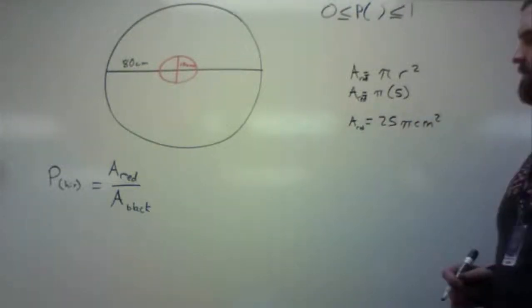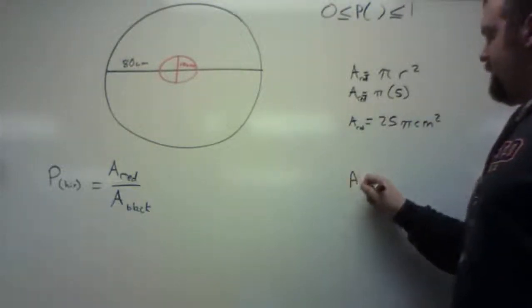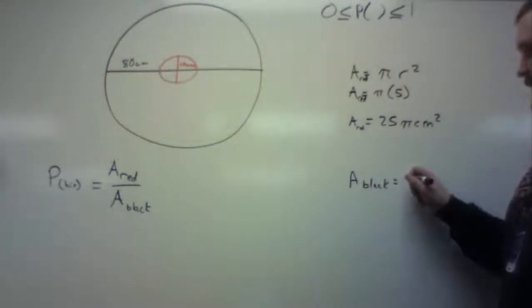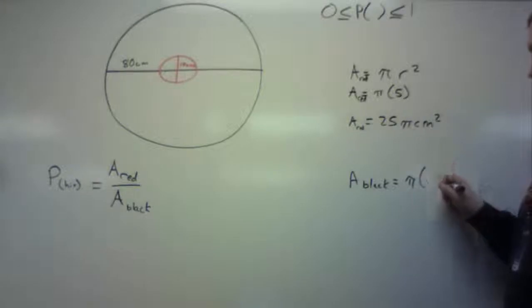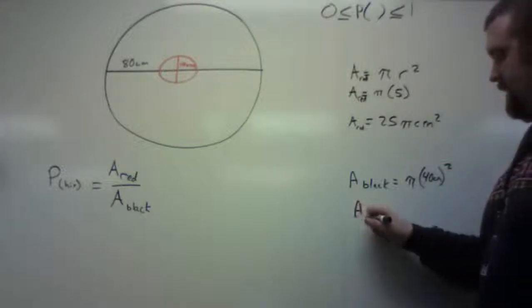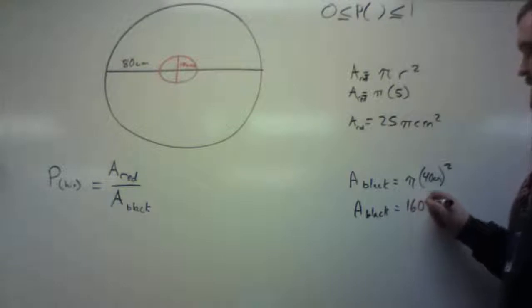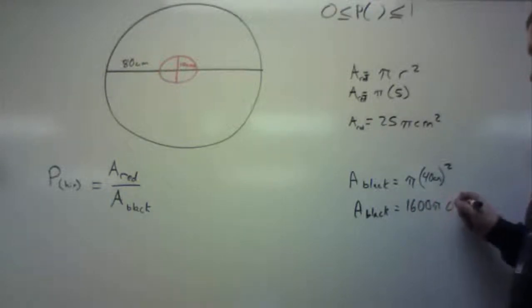I'm going to leave it like that. Area for the black is going to be pi times the radius squared. The radius is not 80, but 40 centimeters. Area of the black is going to be 1,600 pi centimeters squared.